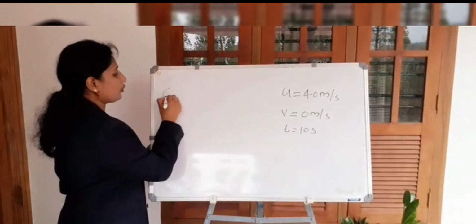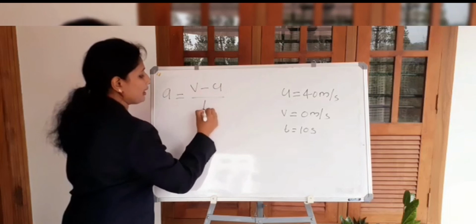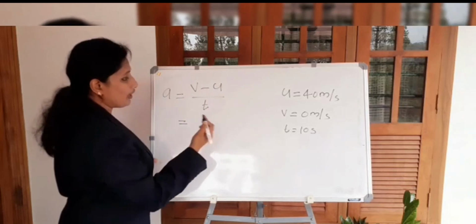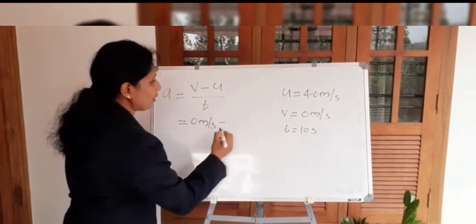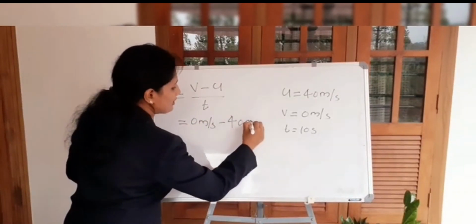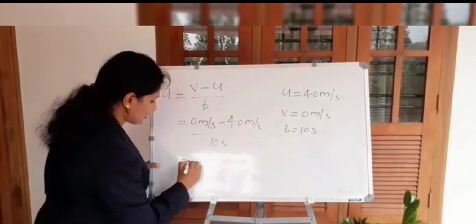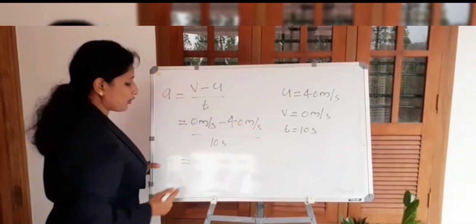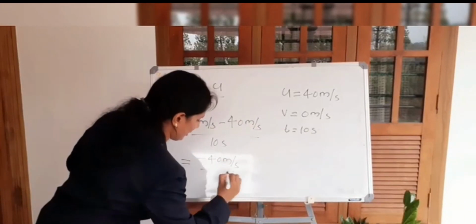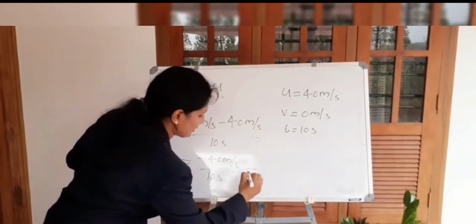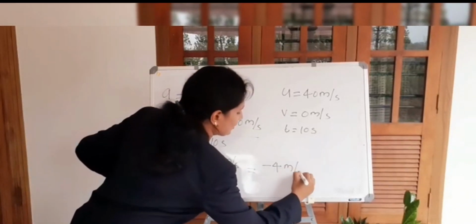So the equation for acceleration is equal to v minus u divided by time. Here the value of v is 0 meter per second minus u, which is 40 meter per second, divided by 10 seconds, which is equal to 0 minus 40, that is minus 40 meter per second divided by 10 seconds, which is equal to minus 4 meter per second square.